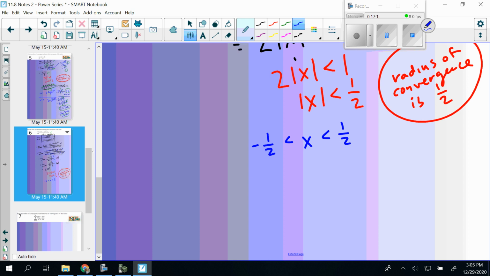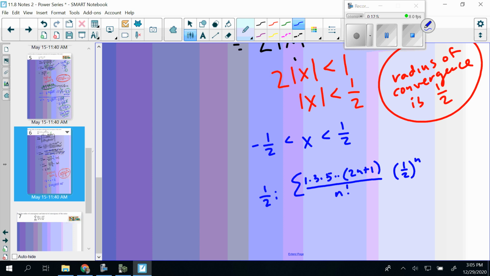So if we put those endpoints back up into the original one, or put that value in, what do we get? If we checked 1/2 here, this is going to be this thing leading up to 2n plus 1 over n factorial of 1/2 to the n.